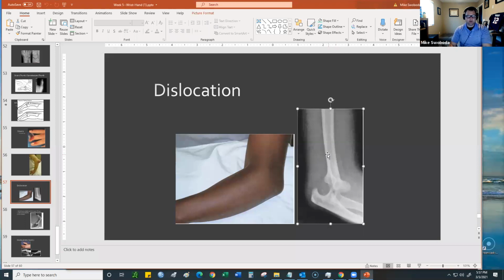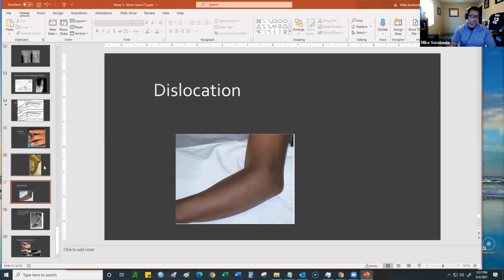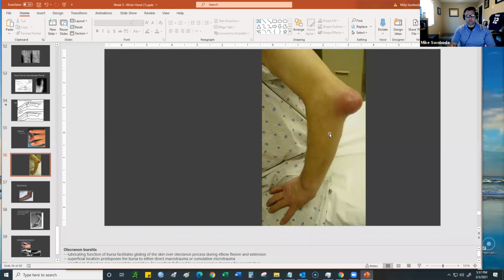Now, if you were describing this and this in terms of their kinematics, what kind of kinematics would this describe?